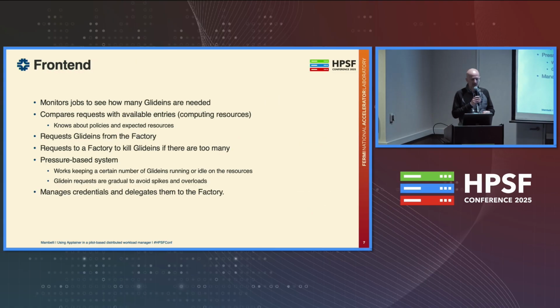The frontend is the component that monitors the jobs, sees how many pilot jobs are needed, compares the requests with available resources, and knows about the policies and the expected resources at the site. So it decides where to provision the Glideins, the pilot jobs, and requests the factory to submit them.